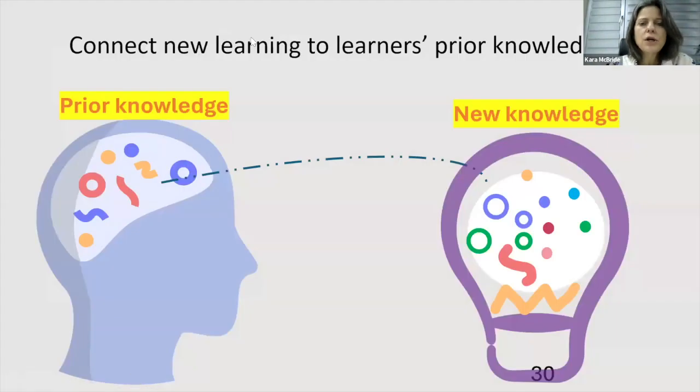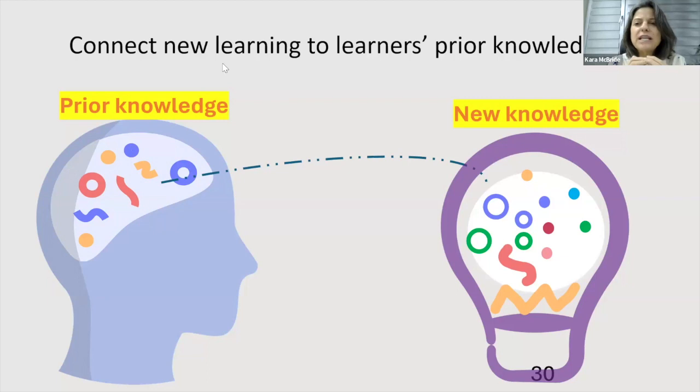Okay. All right, now another one. Although they're all connected. You can't just learn something completely, entirely new. All learning connects in some way to something that you already knew.